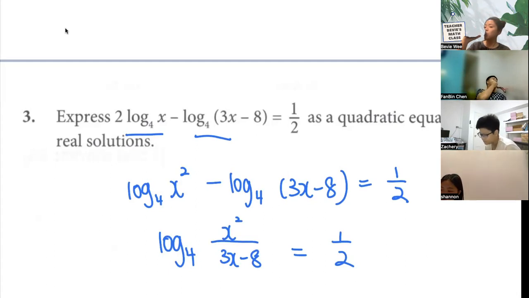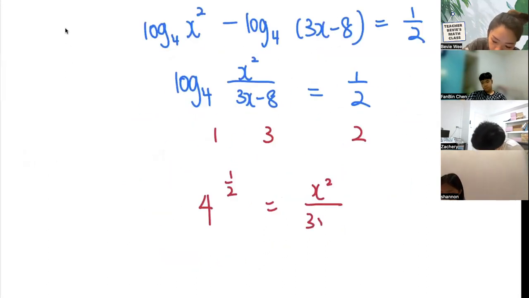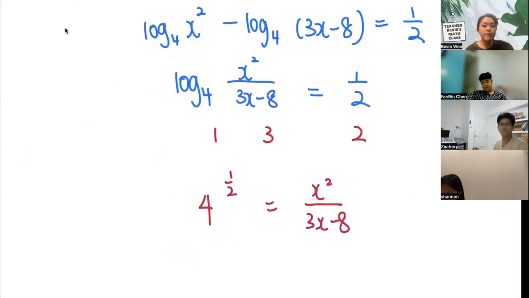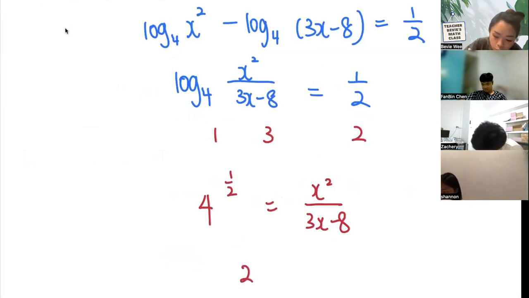Actually, you don't have to. You can change to index form from here. Okay, no problem making the other side log 4 also, or straight away we can change to index form. So it's 4 to the power of half equals x squared over 3x minus 8. 4 to the power of half is just 2, right? Correct or not? So 2 is equal to x squared over 3x minus 8.